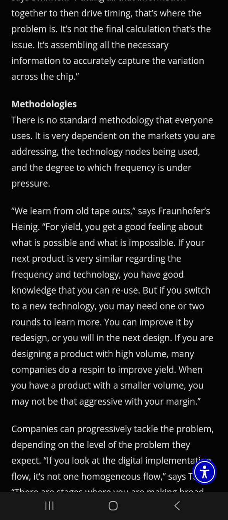We learn from all the tape-outs and from the field data for yield, so you get a good feeling about what is possible and what is impossible. If a new product is very similar regarding the frequency and technology, you have good knowledge that you can reuse. But if you switch to a new technology, you may need one or two rounds to learn more. You can improve it in the lead design, or in the next design.